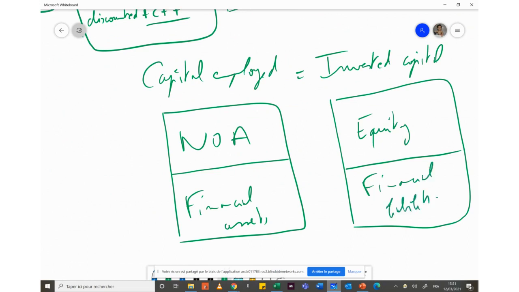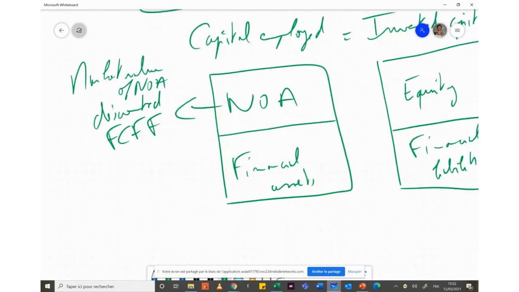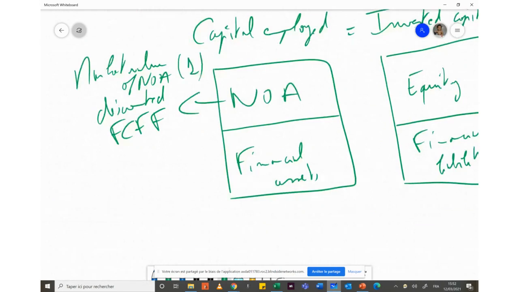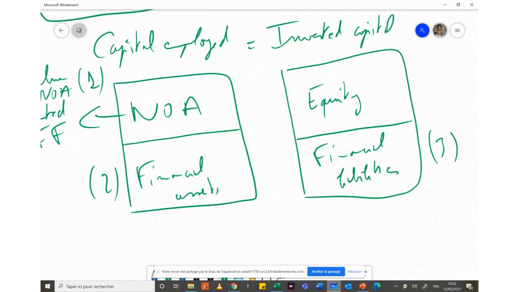So from the net operating assets with the discounted free cash flow to firm, we have the market value of the net operating assets. Market value of the net operating assets, number 1, plus number 2, minus number 3, we have now the market value of equity.